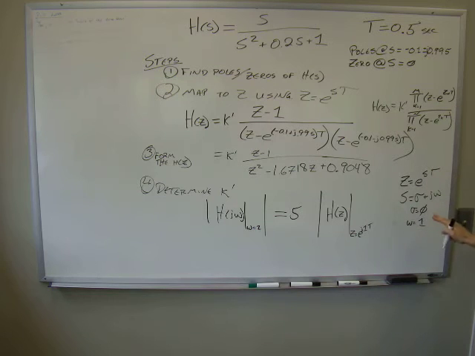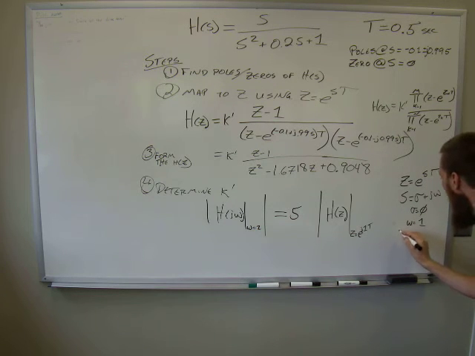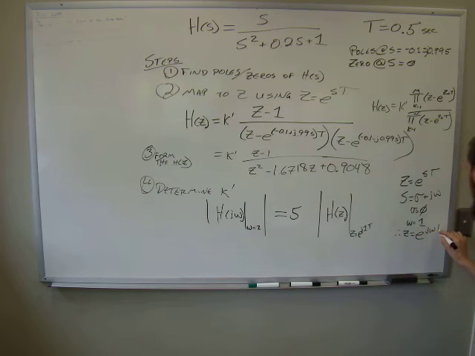So if we do all these substitutions, z is equal to e to the j omega T, where omega is equal to 1, so this is just jT, and T is equal to 1/2, so this is equal to j 0.5.